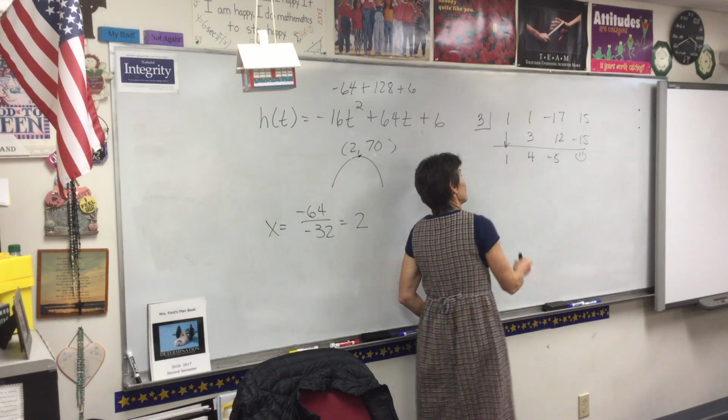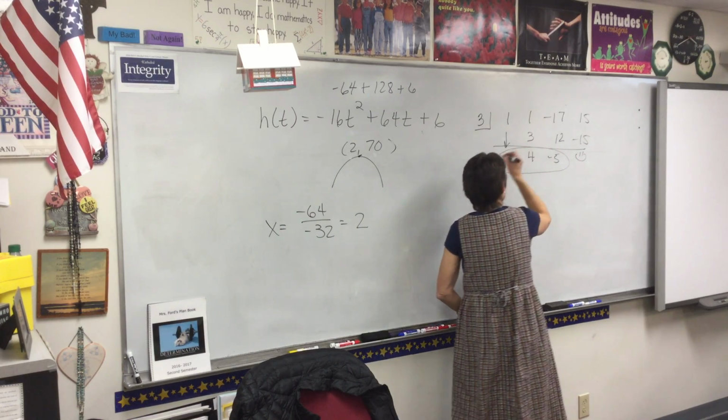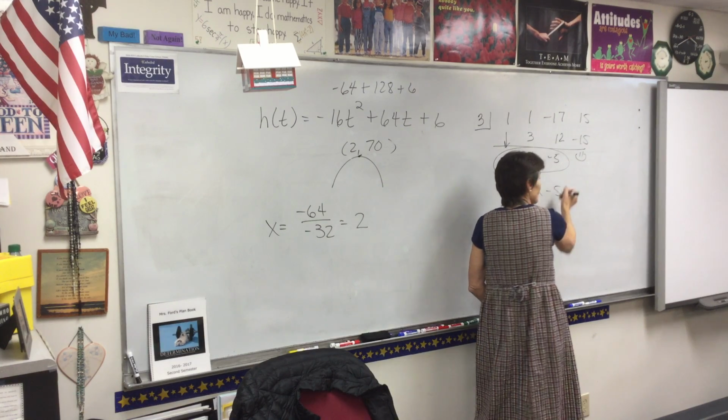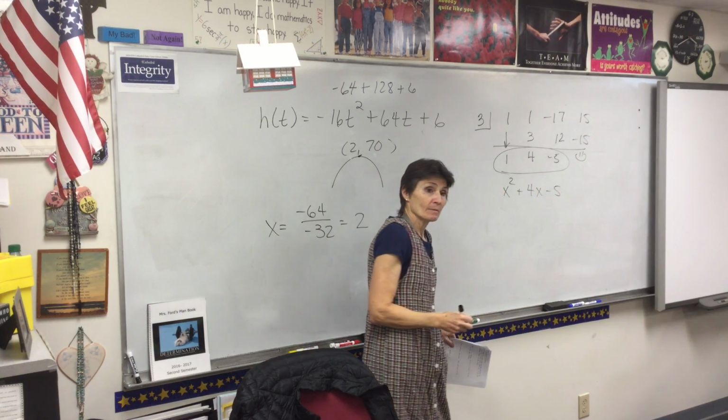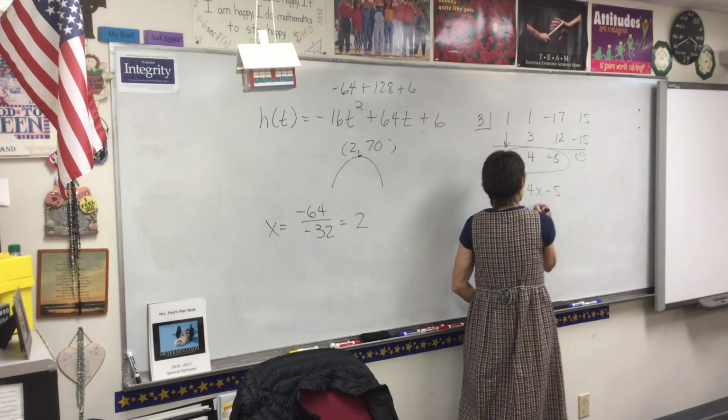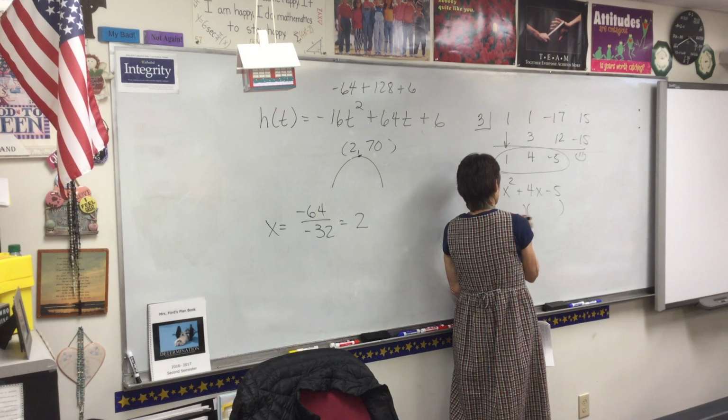And then, what's this right here? X squared plus 4x minus 5. Then we will very carefully factor that. We don't screw this up. We know how to factor that.